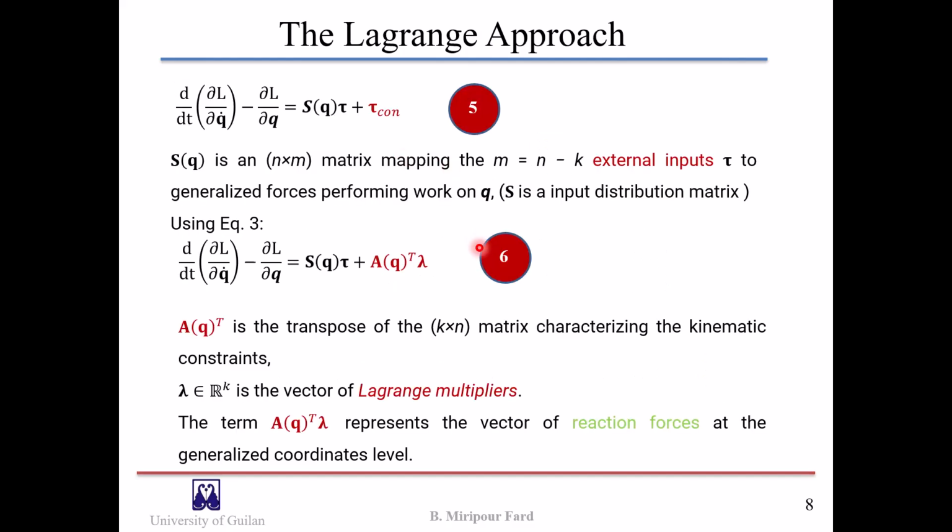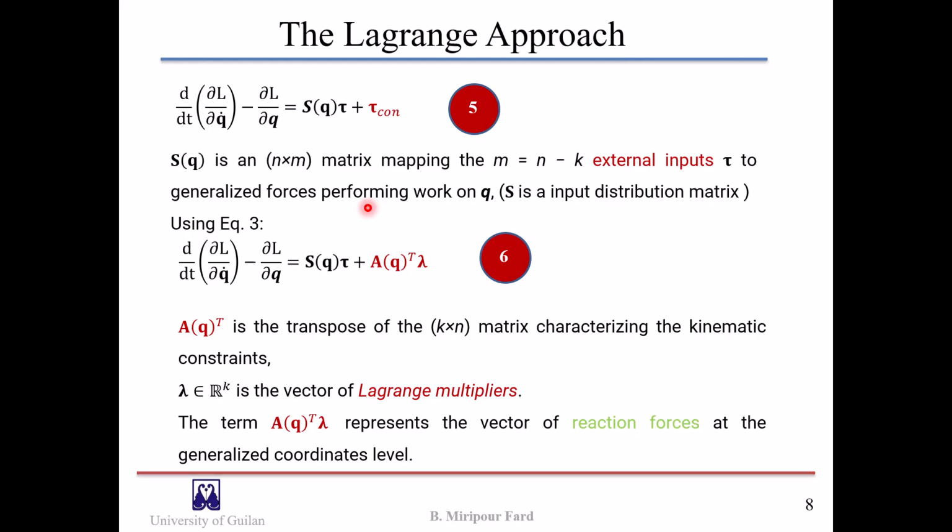So the Euler-Lagrange equations can be written as equation 5, in which S of q is an n by m matrix mapping the m equals n minus k external inputs tau to generalized forces performing work on q.